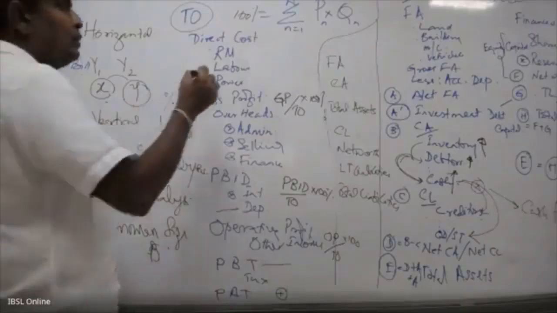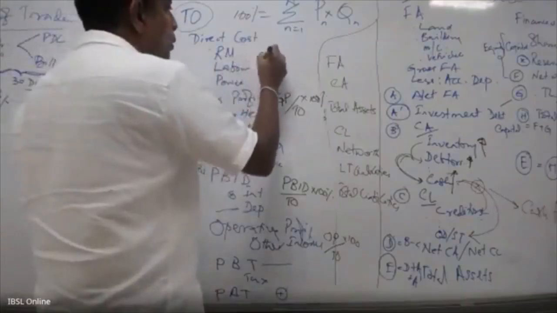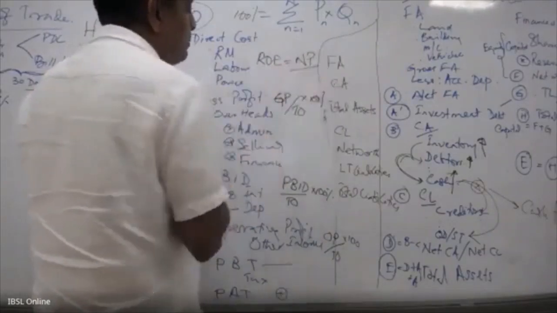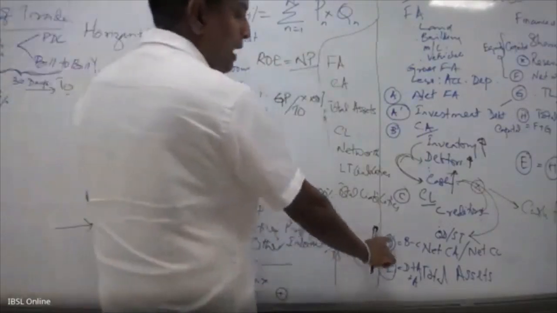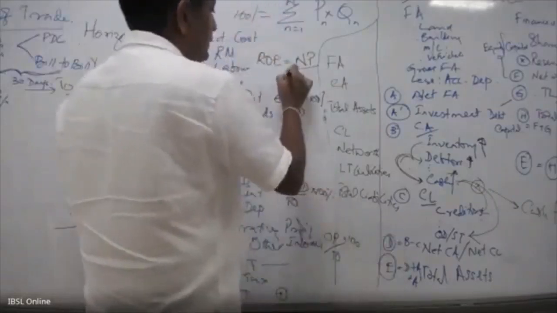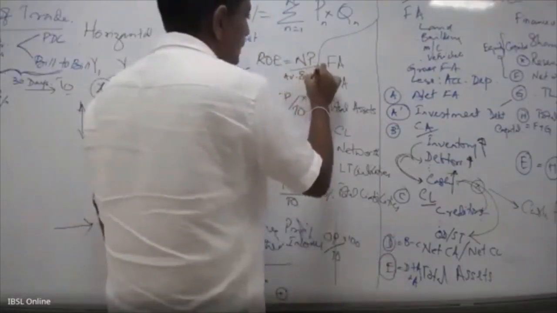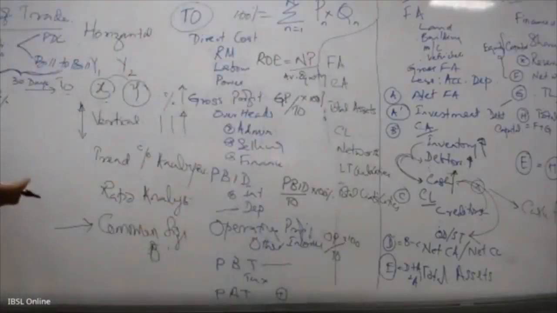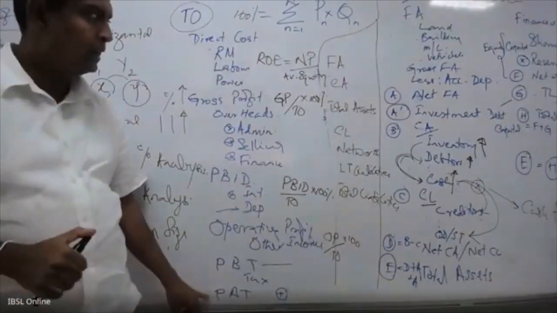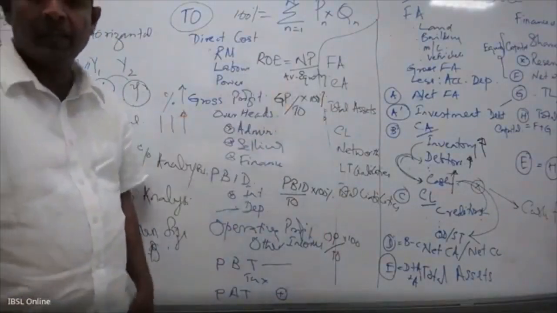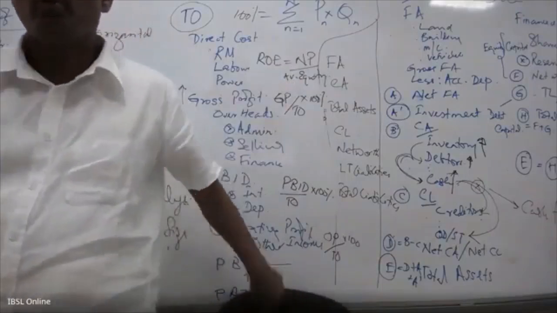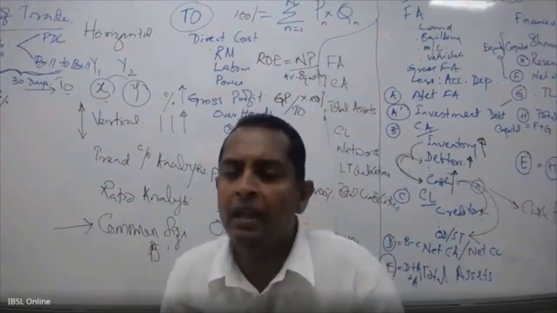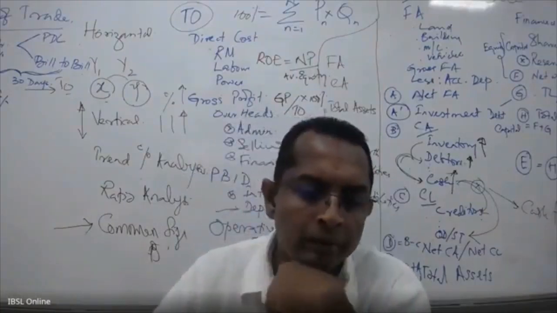Then you have something called ROE, that is net profit divided by average equity. Right? What is the return on equity? Profit after tax divided by equity. So ROE is also a profitability ratio.